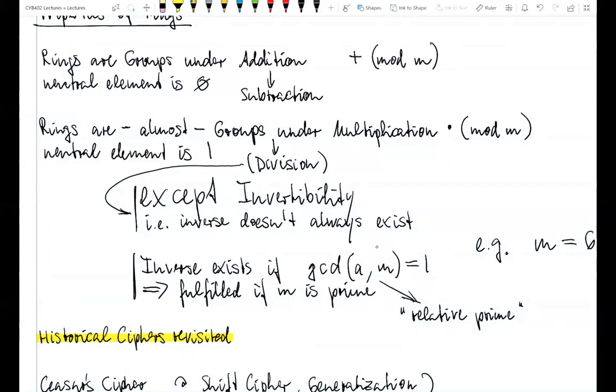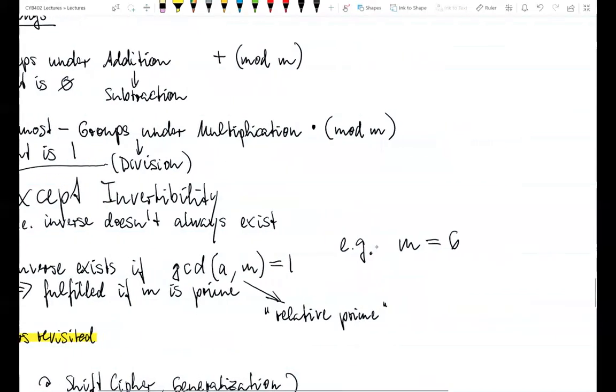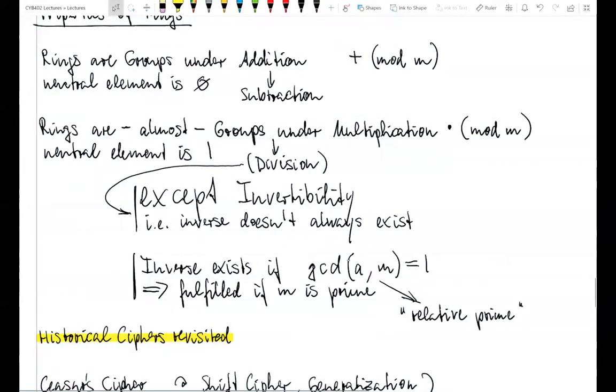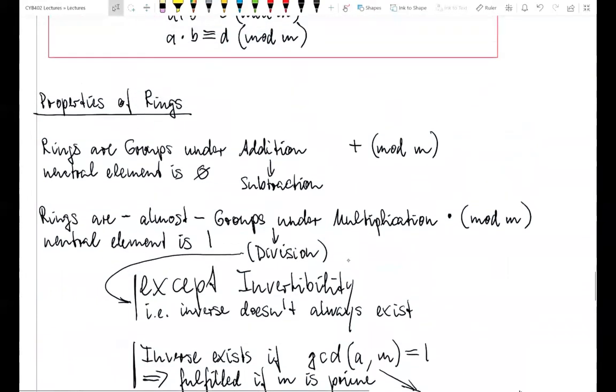So here, right here, you see the rationale why, when we define groups, we pretty much always see that the order of the group is a prime, so that our modulus m is prime. Okay, so this was our little exploration of rings.